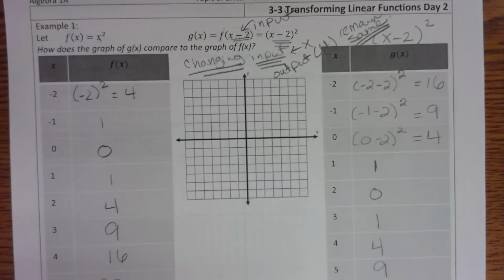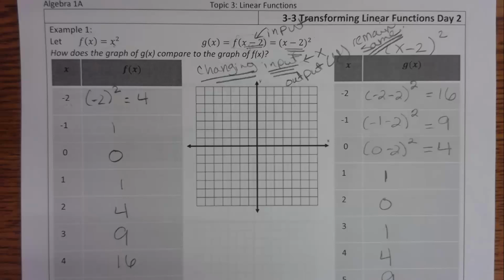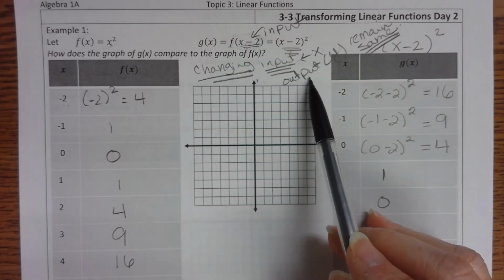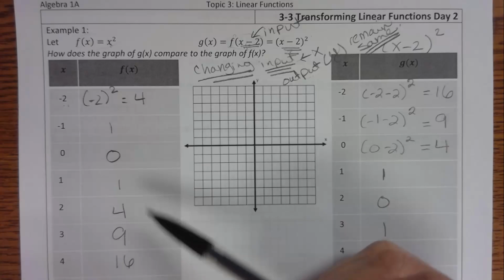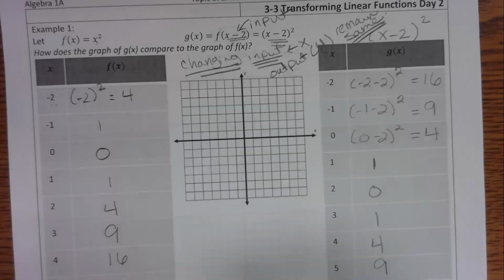Okay, I'm going to look at where the output is the same in the table. In the same order, I want to look for the same order where the output in the two tables is exactly the same.